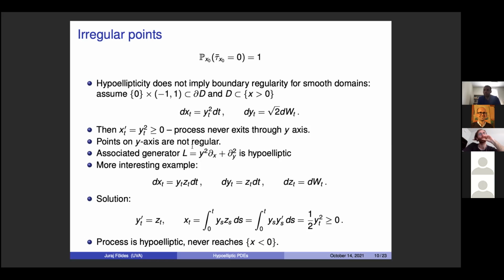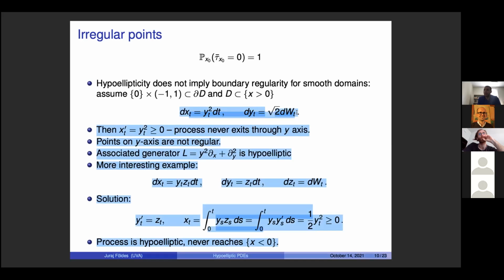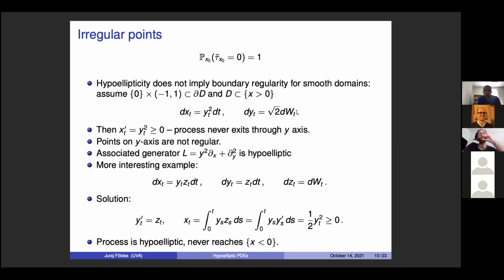So the points on the y-axis are not regular, and you can easily check that this problem is still hypoelliptic. It's moving in the x direction because we have a right drift in that direction, and then it's moving in the y direction because we have a diffusion there. So it is a hypoelliptic operator, not a problem.